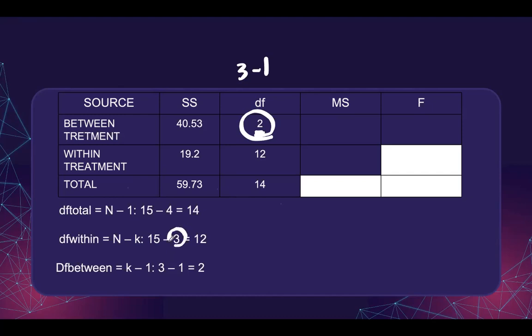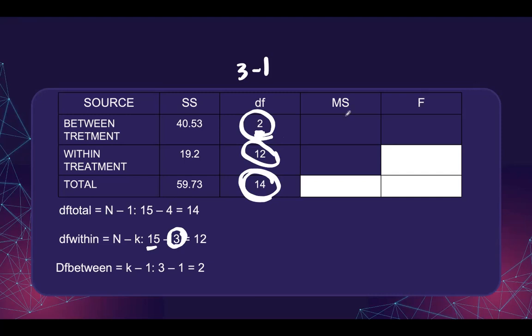Minus 3 kasi yung group pa, yung variable ay 3. Okay, so 15 yung total scores, minus 3 equals to 12. Kaya 12. Okay, tas ipag-add mo yan. Kaya nakuha ay 14. Okay, yan ay computations for the degree of freedom. Degree of freedom na kailangan yan, class, kasi yan ang titingnan mo doon sa F table.